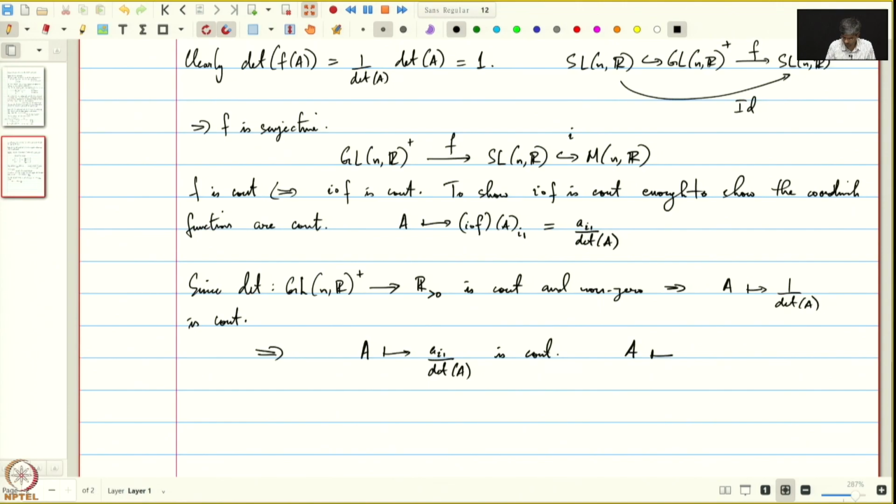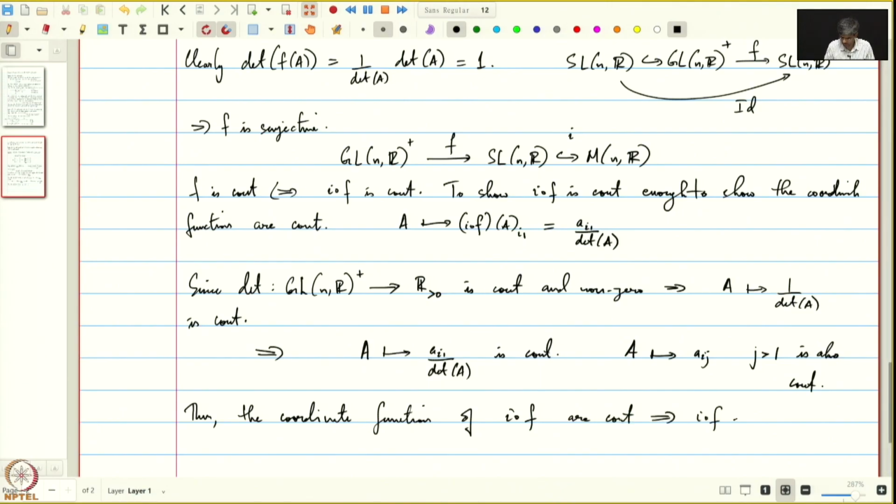And similarly, A goes to A_ij, where j is strictly greater than 1, is also continuous, right? So thus the coordinate functions of i composed with F are continuous. This implies i composed with F is continuous.